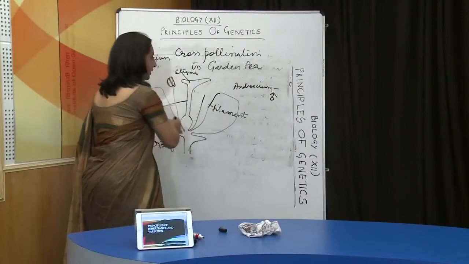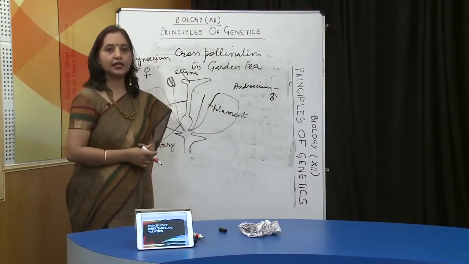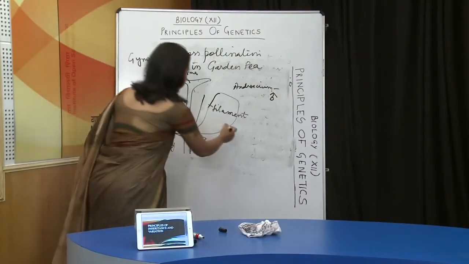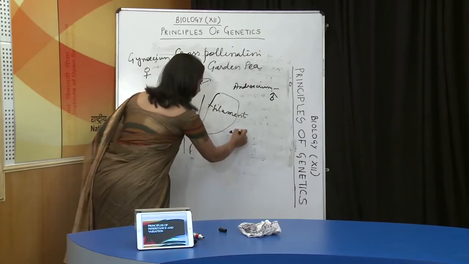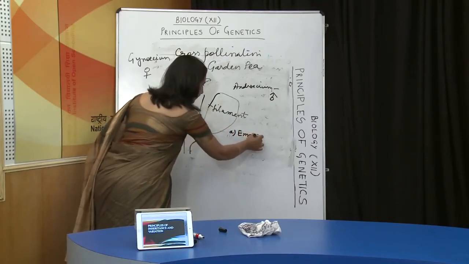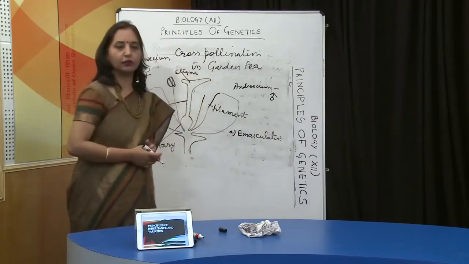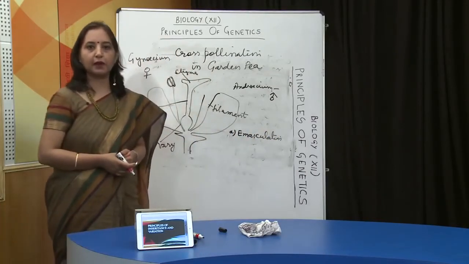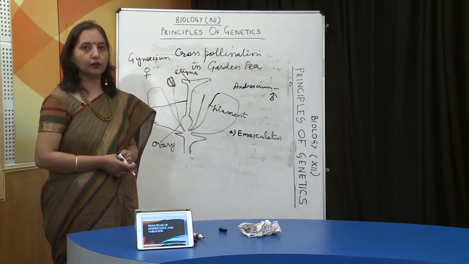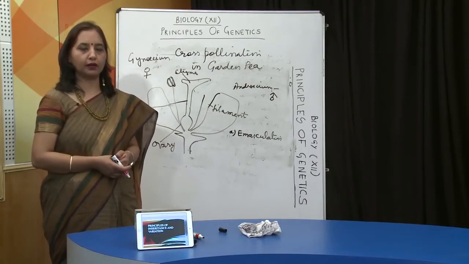And this cutting was called emasculation. I repeat, the first step in cross-pollination was emasculation. E means removal, masculation means male part. So here Mendel removed the male part, that is the anther, at a very young stage.